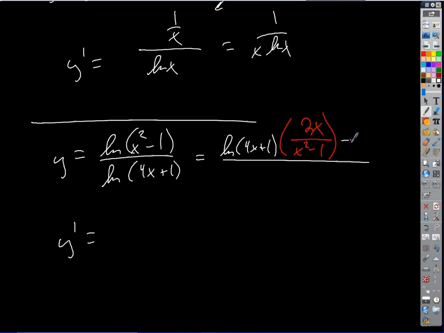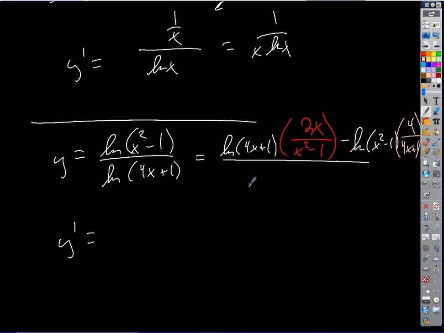Minus high d low. What's the derivative of the bottom going to be? So I have the derivative of, now my u is 4x plus 1. So what's u prime? 4, okay. So I've got a 4 divided by 4x plus 1. All divided by the bottom squared, right?